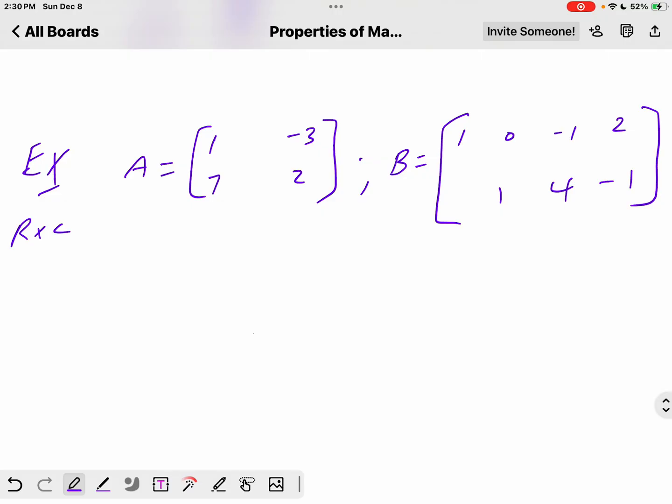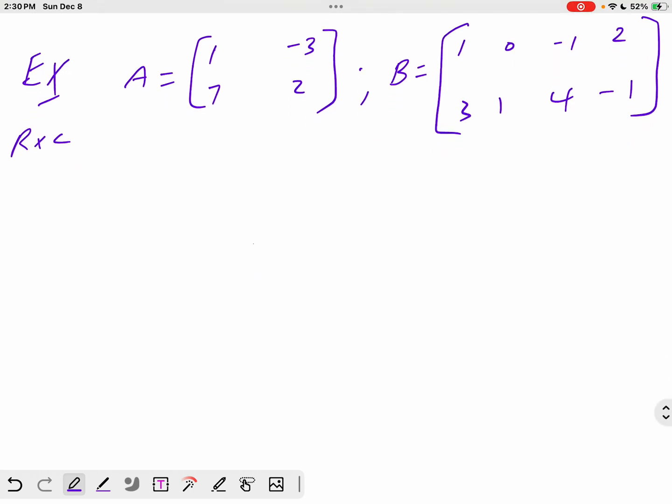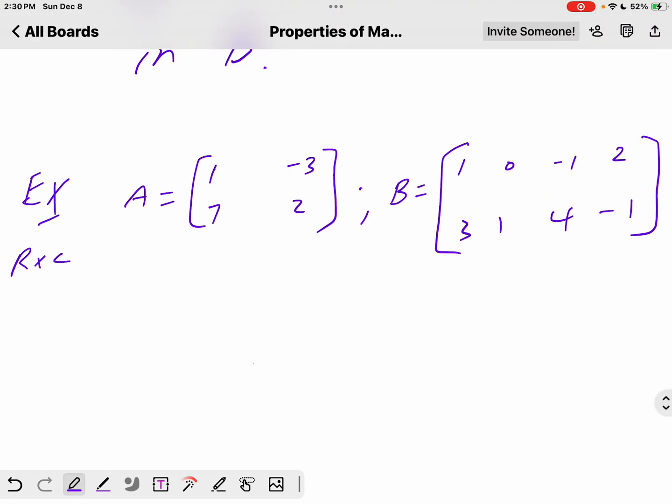The second matrix is 1, 0, -1, 2, 3, 1, 4, -1. So here you go. For A times B, we're going to multiply the first row with the first column.